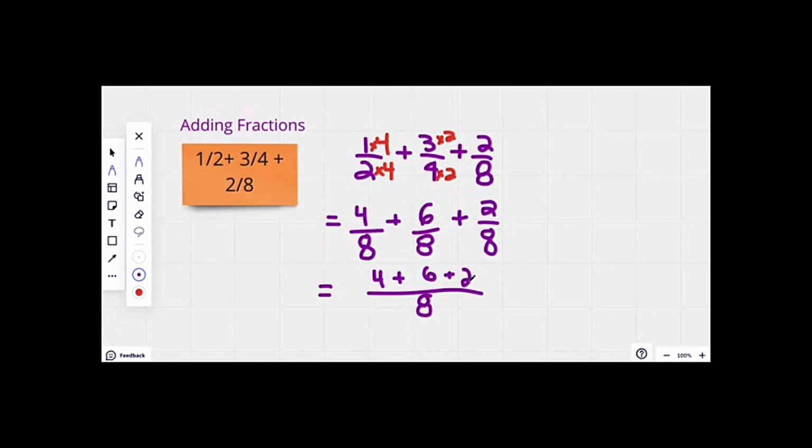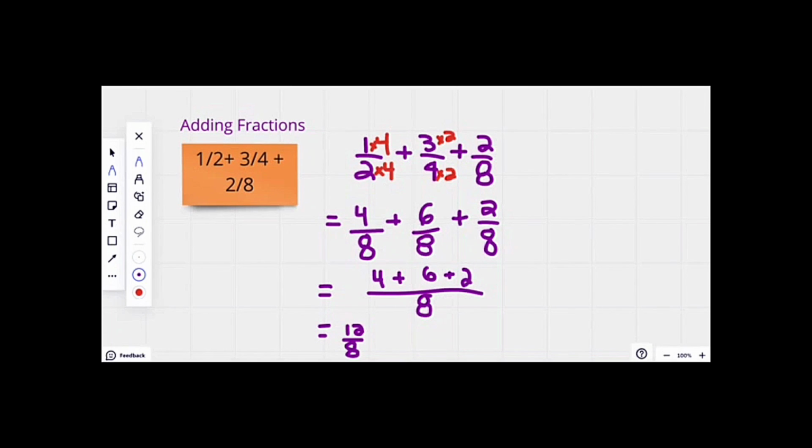And we go ahead and we add them. So 6 plus 4 is 10, plus 2, that is 12. And the denominator stays the same, which is an 8. So 1/2 plus 3/4 plus 2/8 equals 12/8.